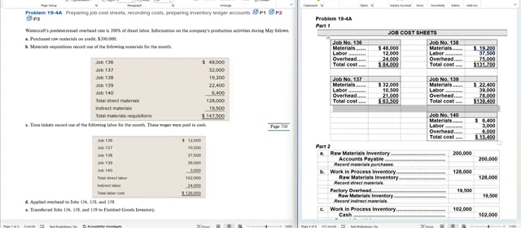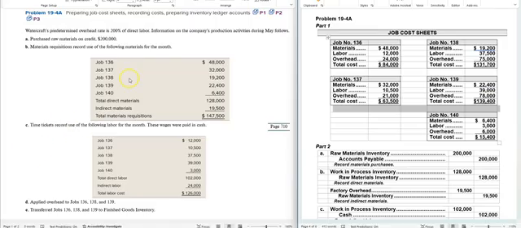Because it might be delayed before we get our May utility cost until June, right? Or we may not have our factory insurance for May. We may not get that bill until July, right? But we can't wait until June, July, or August to get the indirect cost because we need to finish these jobs and get them sold to the customer now.